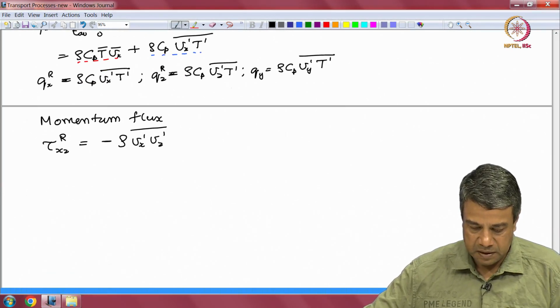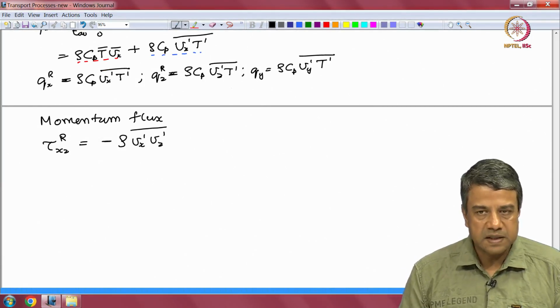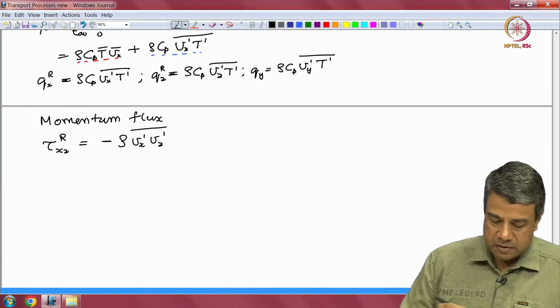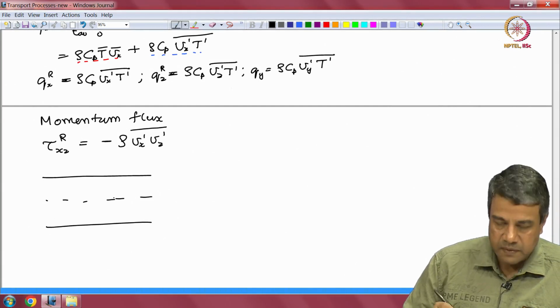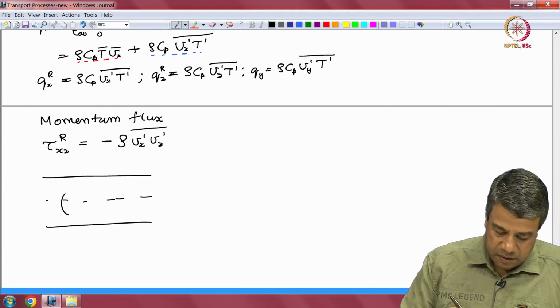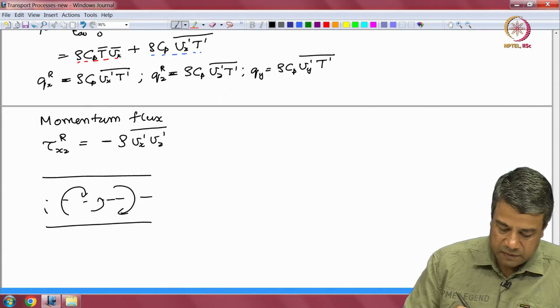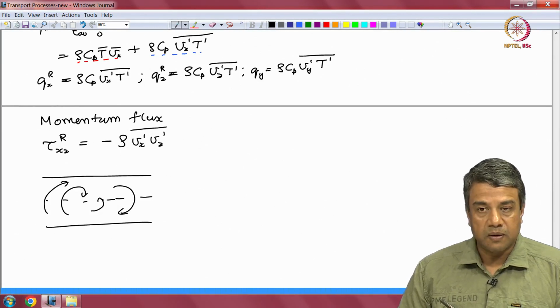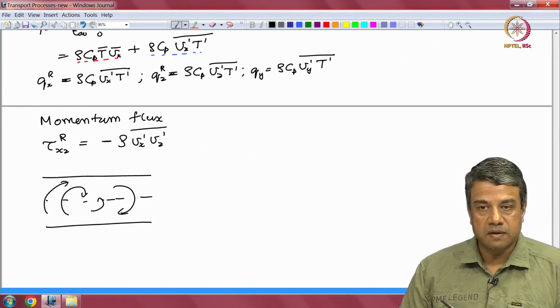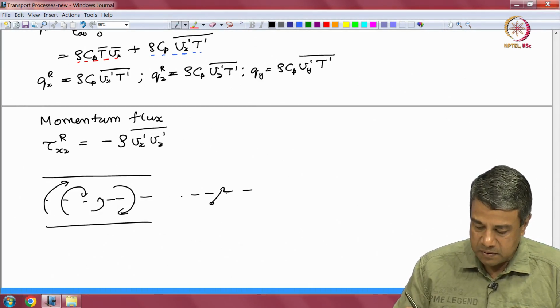So, the physical picture is the same. If I have a turbulent flow, I have parcels of fluid moving in different directions. And if you recall, when we did the molecular description of mass and heat transfer, we took a particular surface and calculated how many molecules are crossing this surface.